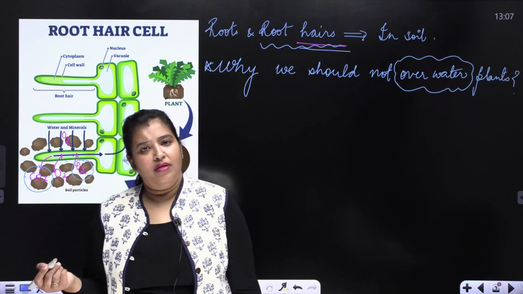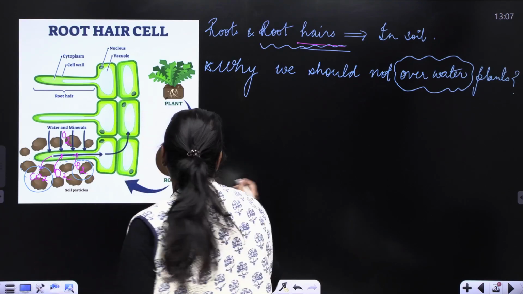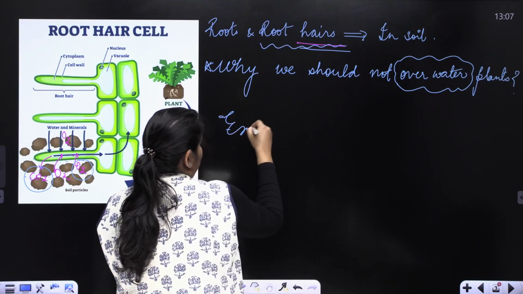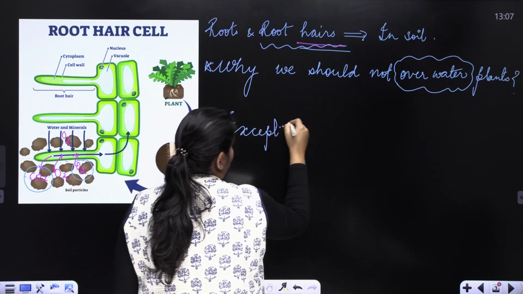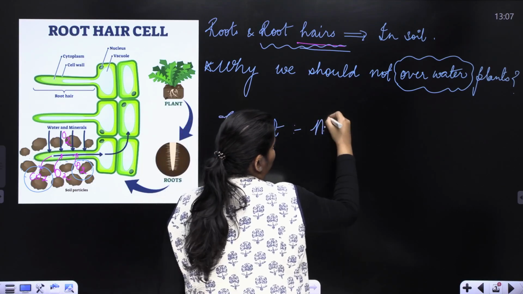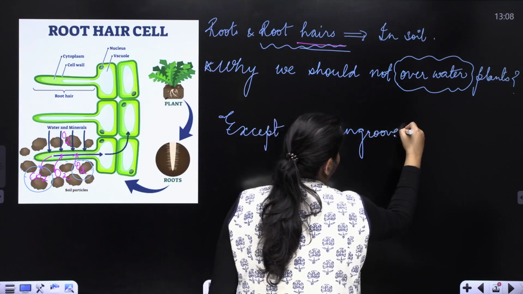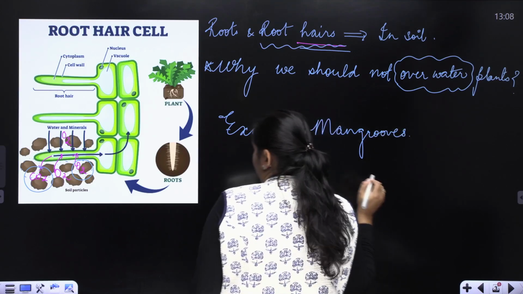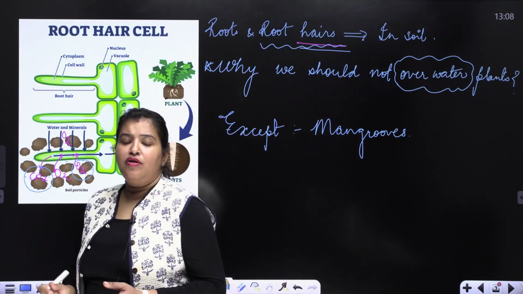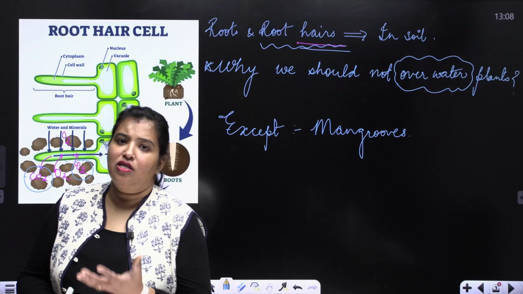So it's the same answer, except for some plants, and one example is the mangroves. And children, these plants grow in swampy areas where there is a lot of water already present in the soil.